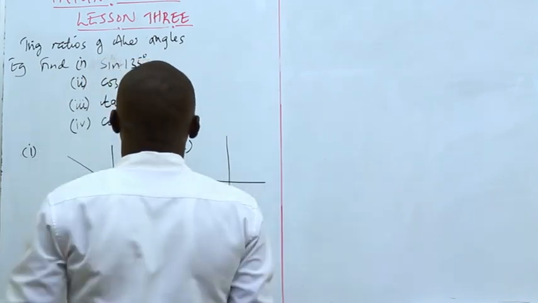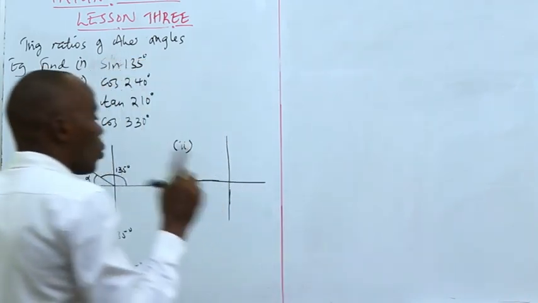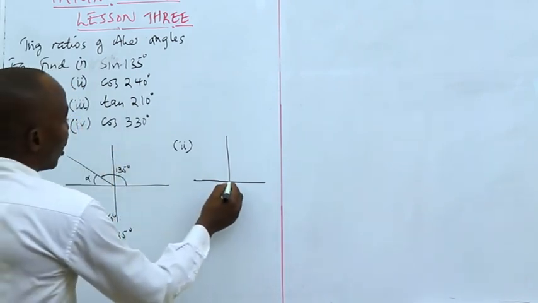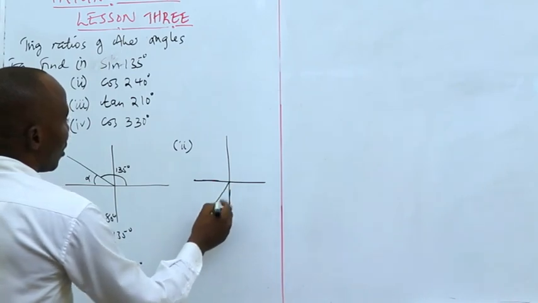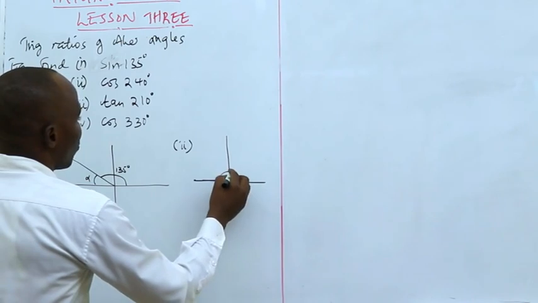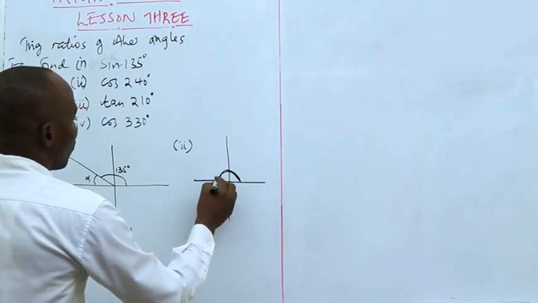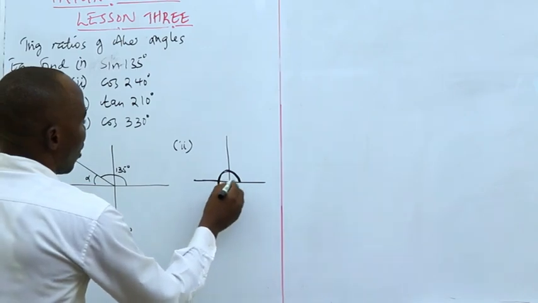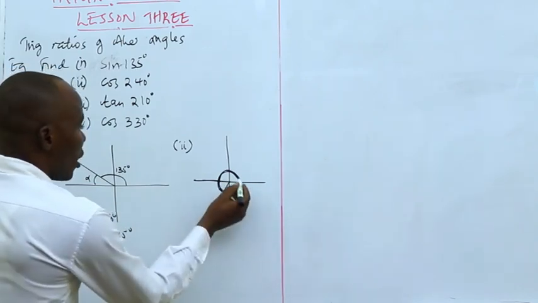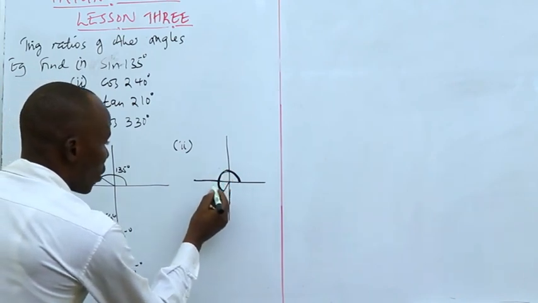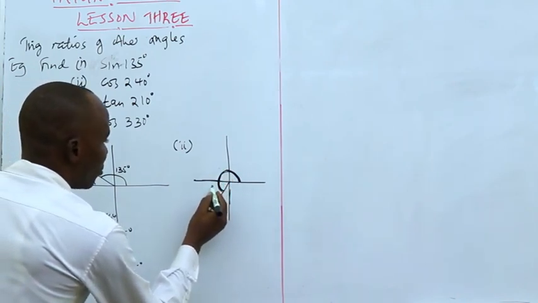I have the cosine of 240. First locate where 240 is. 240 is here. So we are moving like this. We start from 0 and move up to here. Now, from here to here, this is 180 already. Then there is an extra, which I can call beta.